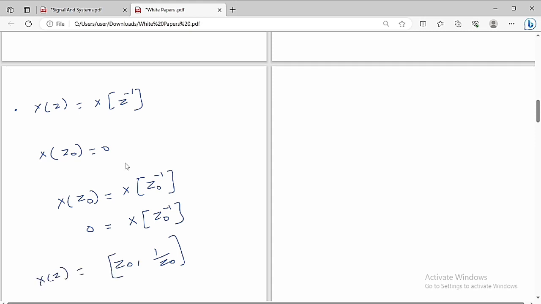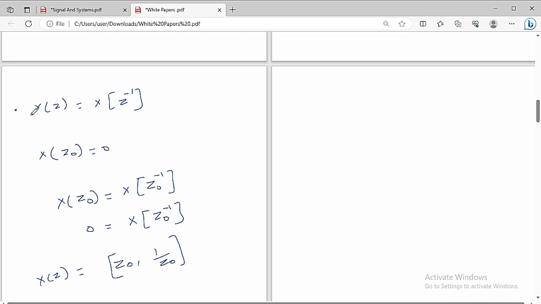So therefore we can say that if Z0 is a zero of the function x of z, then 1 by Z0 is also a zero of the function only when x of z is equal to x of z to the power of minus 1. So this is a condition. If this condition is satisfied, then only this is the case, but not for each and every case. Suppose x of z is equal to x of z to the power of minus 1, and Z0 is a zero of x of z, meaning x of Z0 is equal to 0.